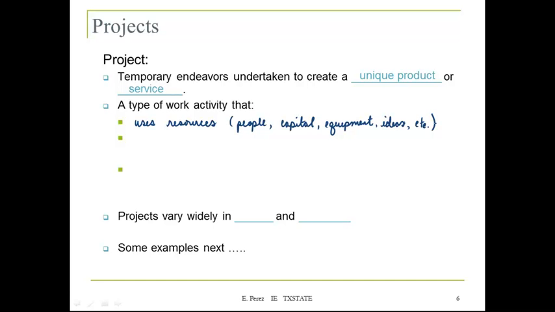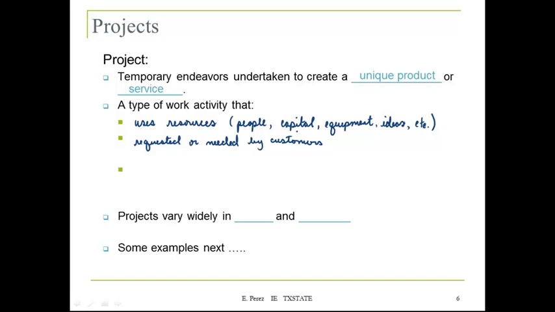Also, a project is requested or needed by customers. This could be a client, this could be a manager from your company.